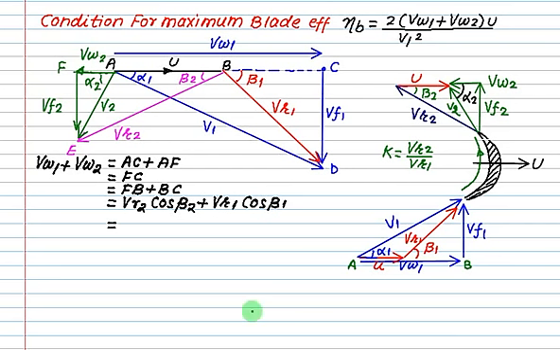Now what we'll do is take VR1 cos beta 1 outside, so this is VR1 cos beta 1, and I will prefer to write 1 plus VR2 by VR1, and then cos beta 2 divided by cos beta 1.